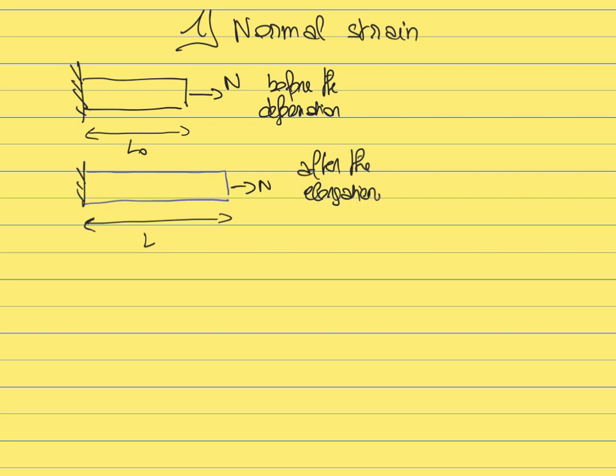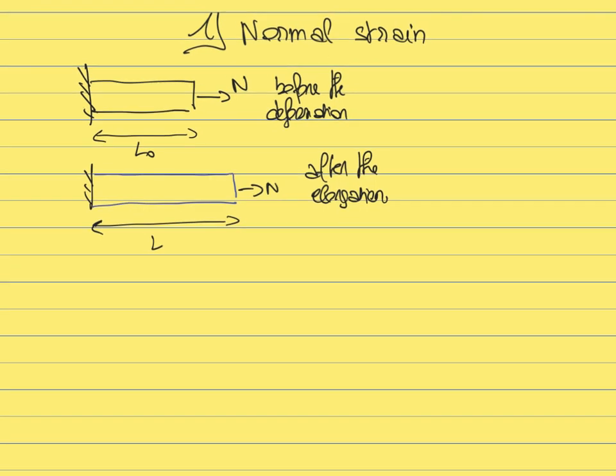And so we are going to make a few definitions. We are going to write delta. This is going to be the absolute elongation of the beam. So this is going to be how much longer the beam is. This is now a definition, what we are going to call the elongation.